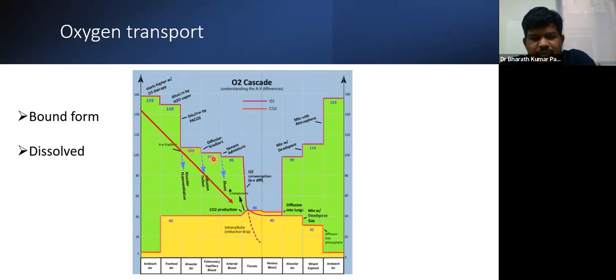And because of the venous admixture, that is, some amount of venous blood from the bronchial and cardiac vessels opens into the oxygenated side of the heart, the partial pressure of oxygen falls further down to 99. Though we inspire a partial pressure of oxygen of 159, the partial pressure which reaches systemic circulation is usually 99. Once it reaches the tissues, it drops down further, and uptake and utilization bring it down still further.